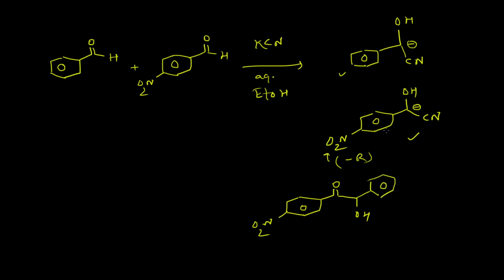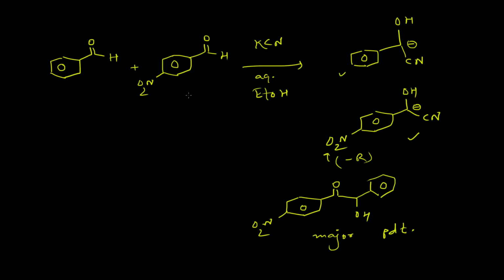When these species behave as a donor, then this will form as a product after the reaction. You can cross check it by performing the mechanism yourself. So this will be our major product after the reaction is complete.